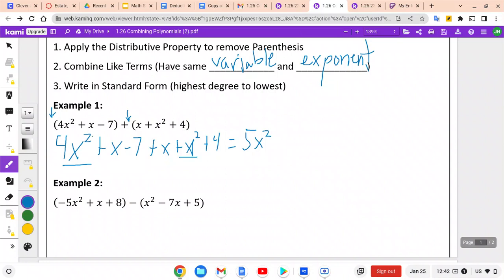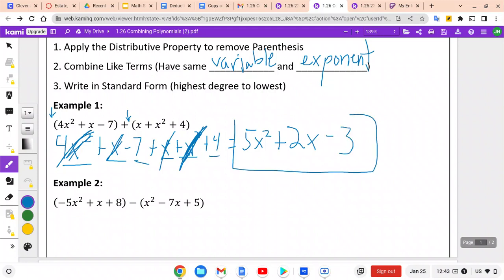It might also help you to cross out as you go so you don't forget whether you took care of that one or not. Then you have x plus x, that means you have 2x. And then negative 7 plus 4 is minus 3. And it's in standard form, highest to lowest.